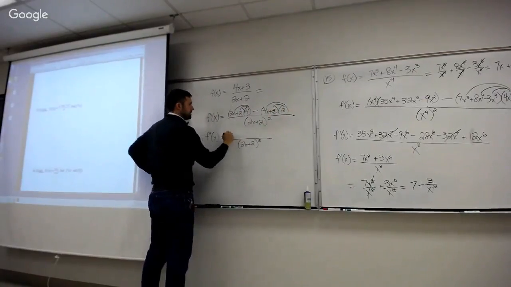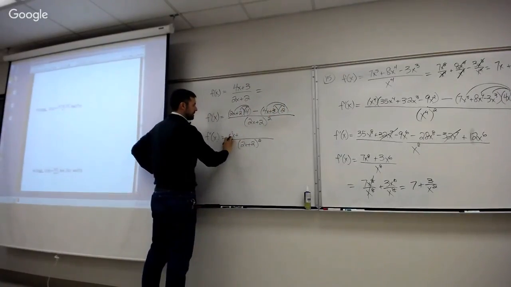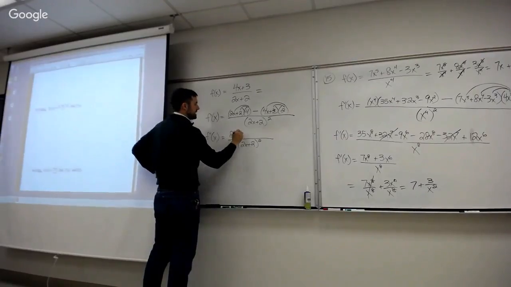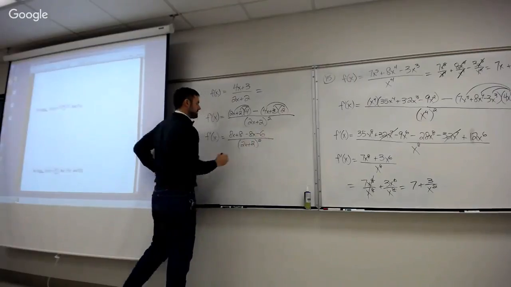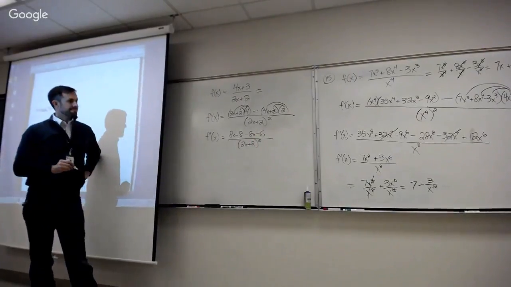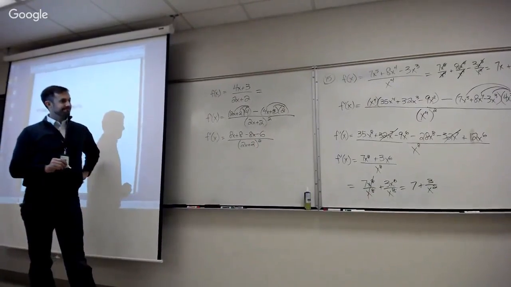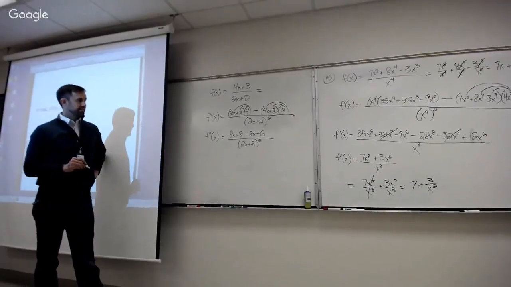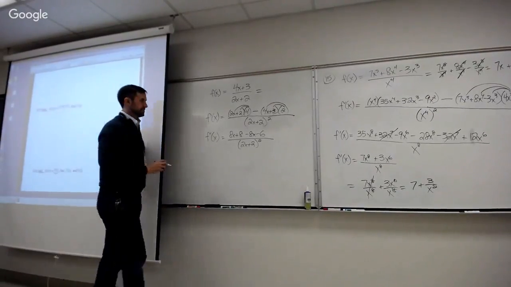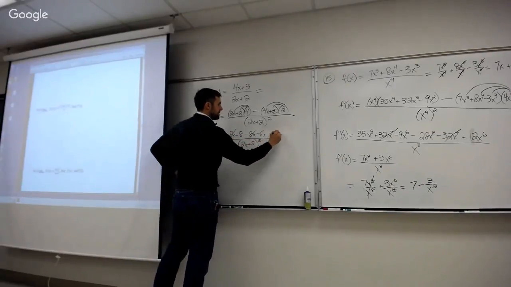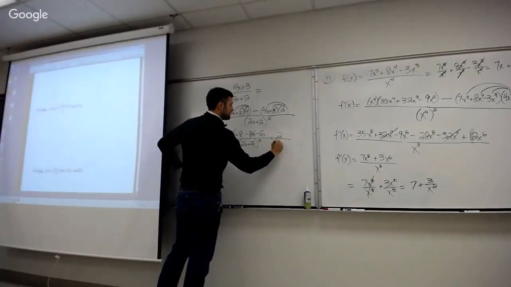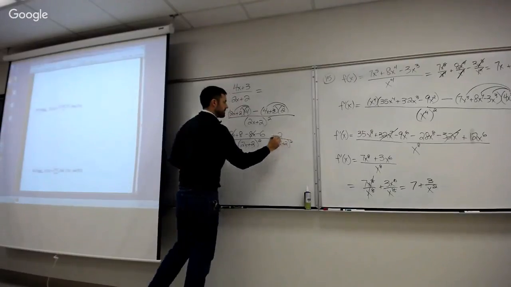So it gives us 4x, no, sorry, 8x plus 8, and then minus 8x, then minus 6. And our 8x's cancel out, and we have 2 over 2x plus 2 squared.